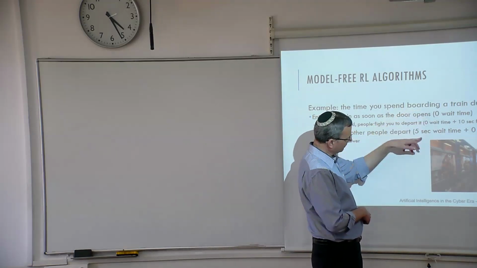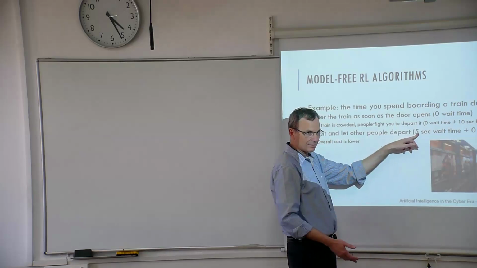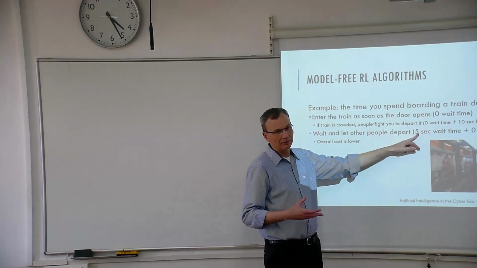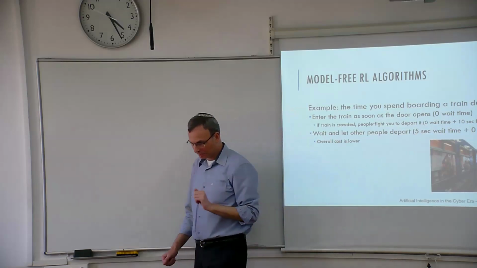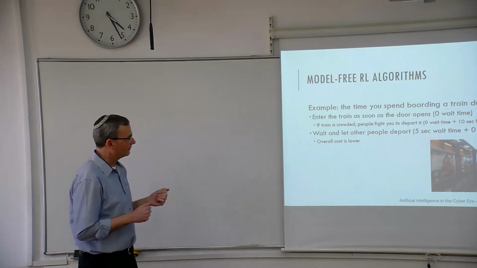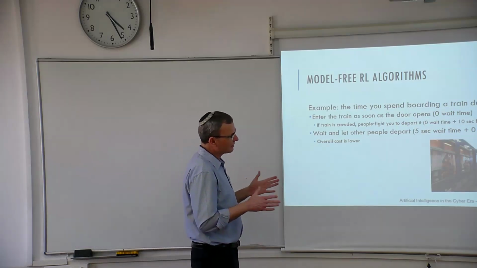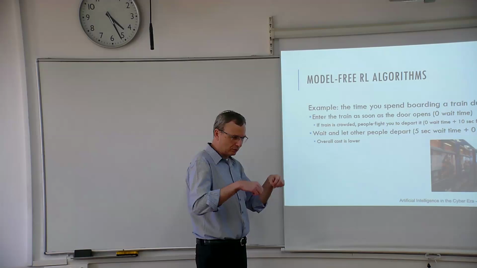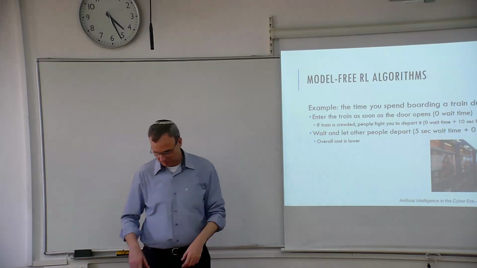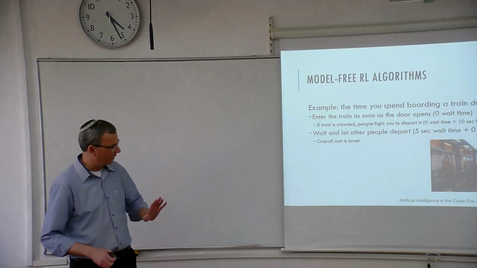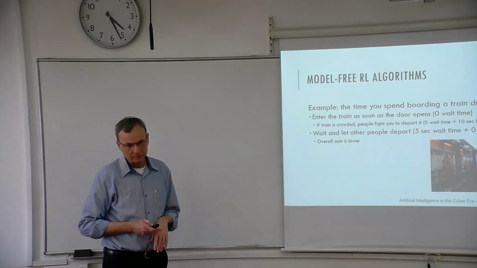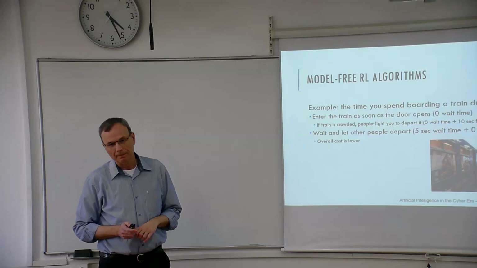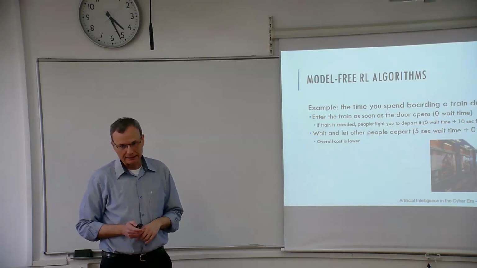But if I look at the whole month, taking that sometimes the train is crowded, but sometimes it's not, this will win. Okay, so the first one looks at what is the best way for me now. And the second one says, no, I would like to maximize the overall value.